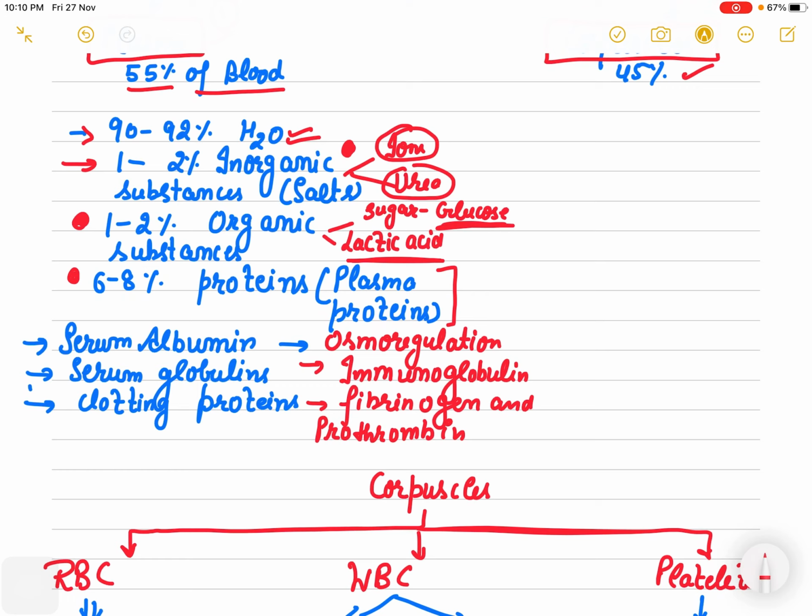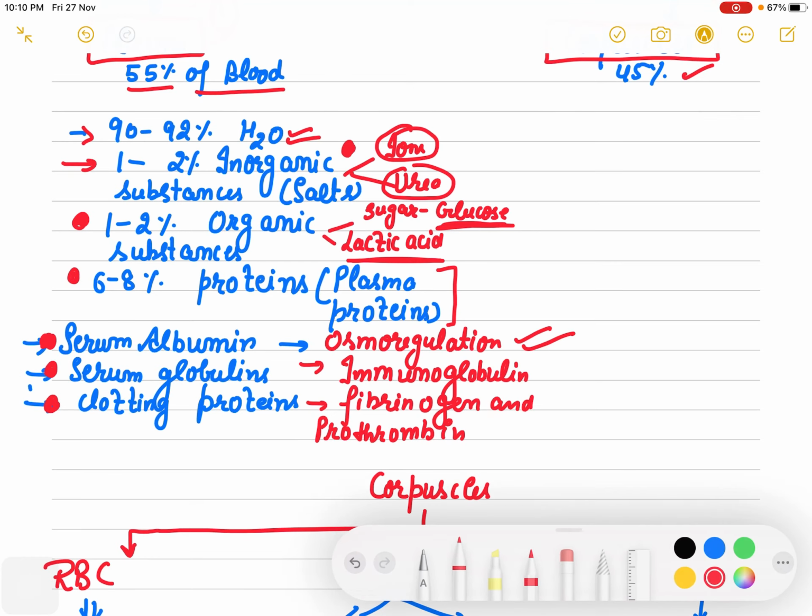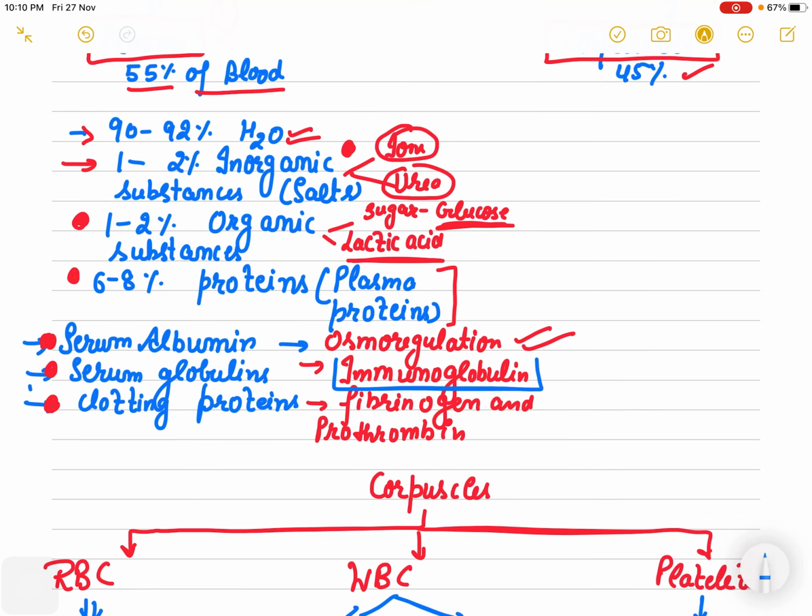The very specific proteins present in plasma are albumin, globulins, and clotting proteins. We talked about this in body fluids and circulation: serum albumin helps in the osmoregulation process. Serum globulins are known as immunoglobulins.